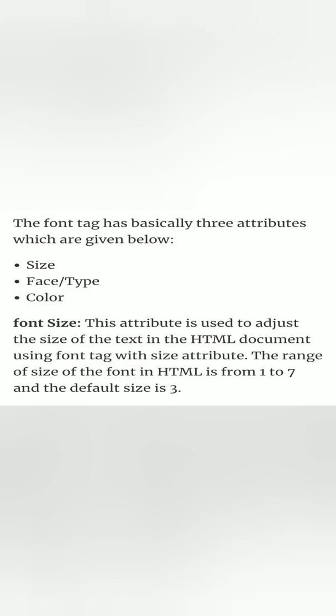The range is from 1 to 7. Face means type, means pattern, like Times New Roman, Verdana, so many typefaces are there. And third, color. If we want to give any type of color to the font, then we use color.